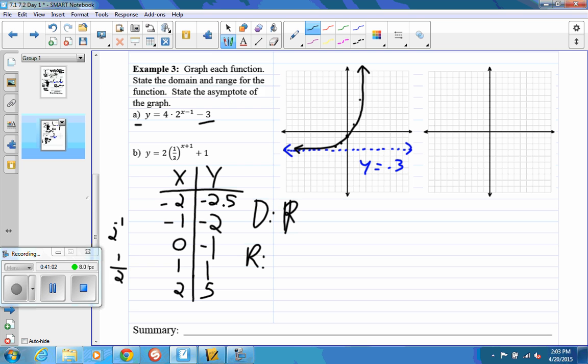Not equal to, because an asymptote is never equal to. But y has to be greater than -3. My asymptote's at -3, so I have to be everything greater than that, and I cannot be equal to -3. We'll take off points if you put an equal sign as well. Gotta only be greater than. That's the definition of an asymptote, guys. Can get close to but can't touch.